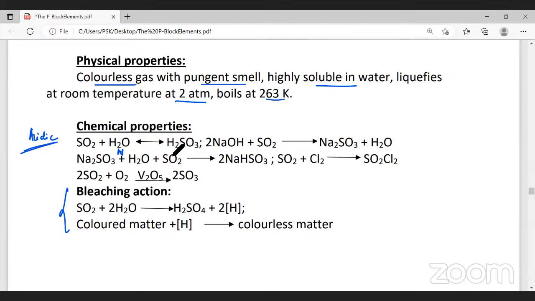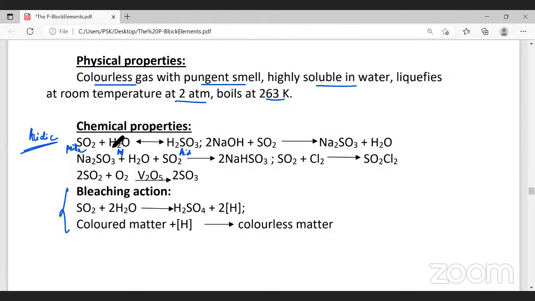When you pass sulfur dioxide gas into water, you get sulfurous acid. So formation of acid indicates the nature of sulfur dioxide to be acidic, because water is neutral and the product is acidic.